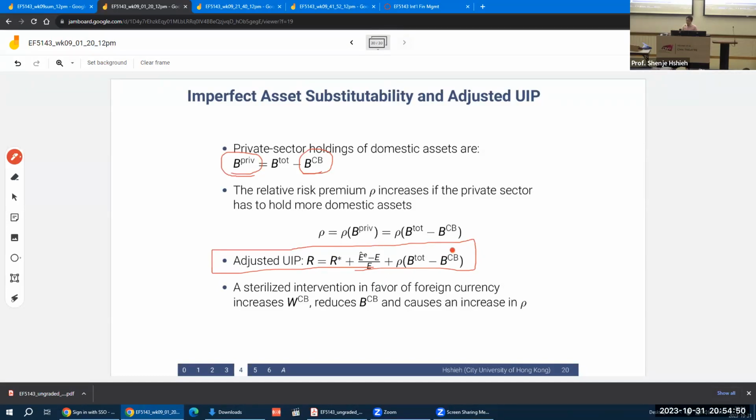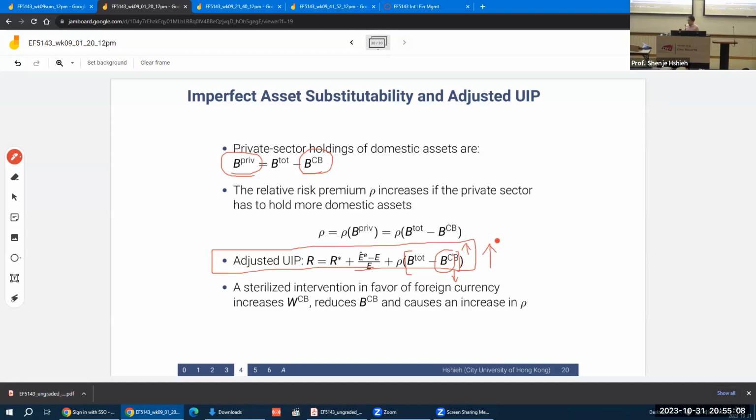If the central bank decides to decrease its holdings, that's ultimately going to increase private holdings of domestic debt, and therefore increase rho.